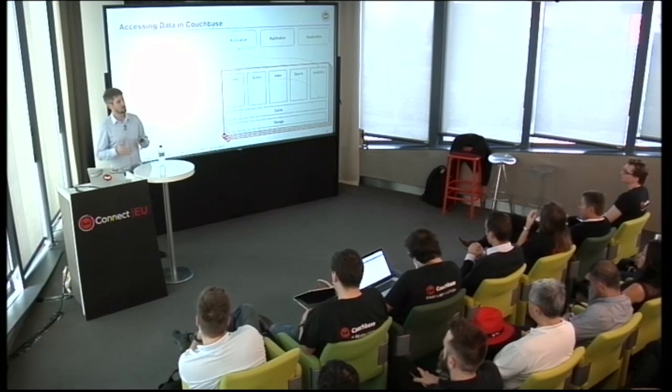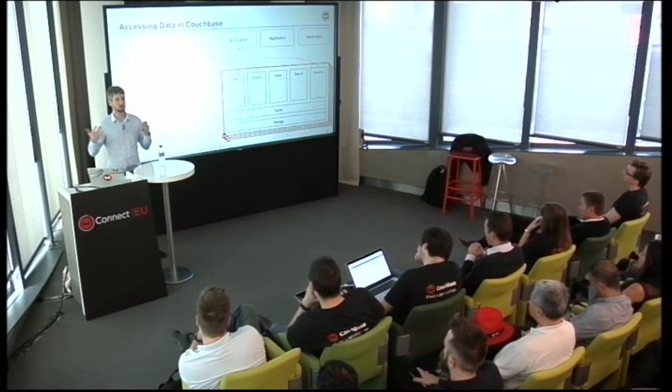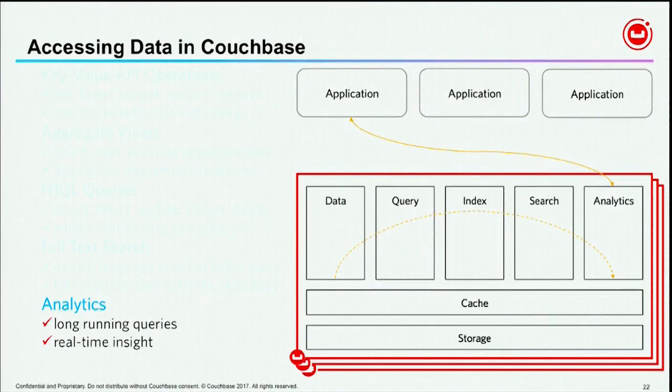What we found was organizations also want to be able to do much longer running or relatively longer running ad hoc queries going over the whole or a larger portion of the data set and returning a much larger result set. Not something that you might put in the critical path of your user application, but certainly something that you need from a business intelligence and an analytics perspective.